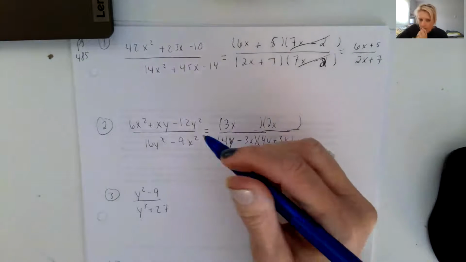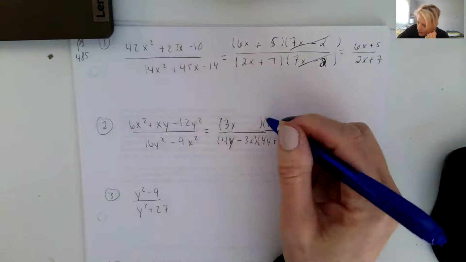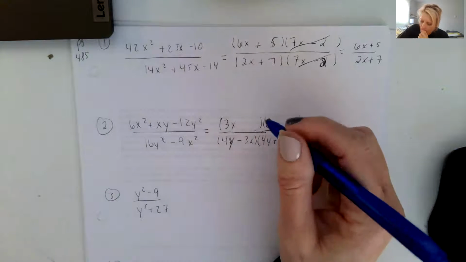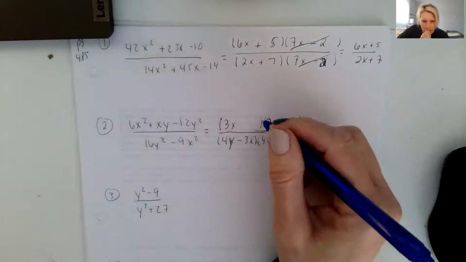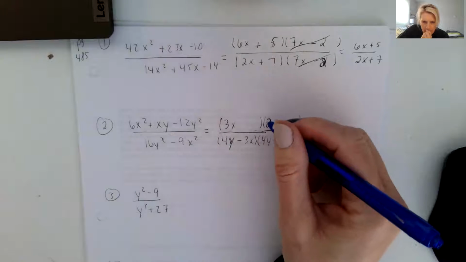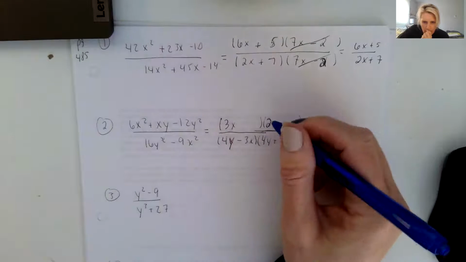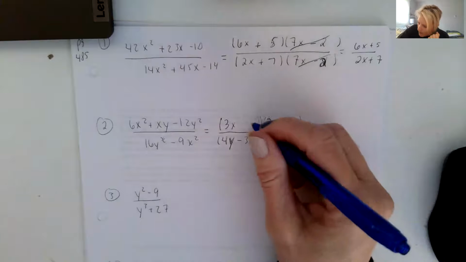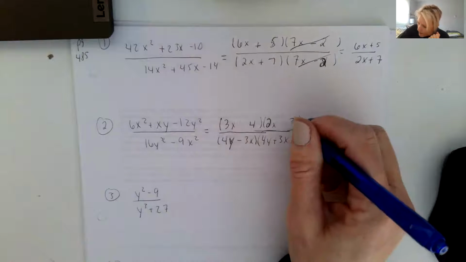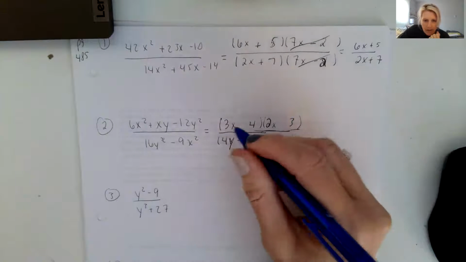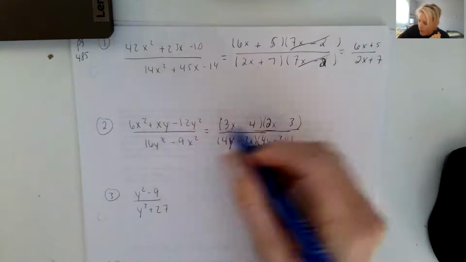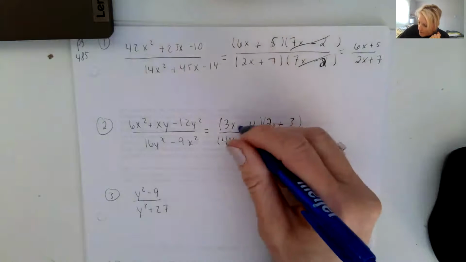And then 12 is 2 and 6 or 3 and 4. You just have to crisscross just to make a 1 right here. So 3, no, so 4 and 3. Okay, how about the 4 and 3? Because this is an 8, 4 and 2 is an 8, and 3 is a 9. We need the 9 to be bigger by 1 for the middle. So this is going to be positive and that's going to be negative.